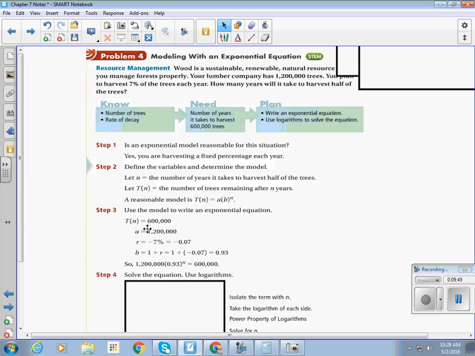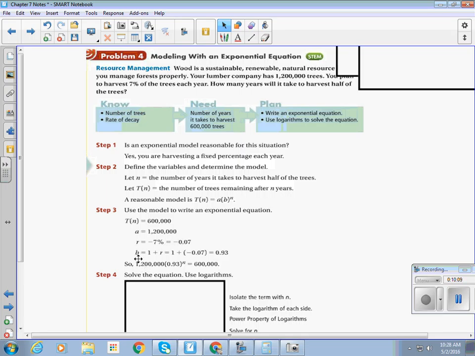If T of n is equal to 600,000, that's half the trees, our initial amount A is 1,200,000. Our rate of decay is 7%. So because we're decaying, we are decreasing by 7%.